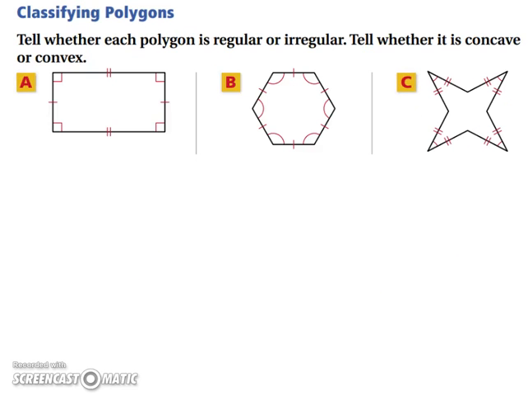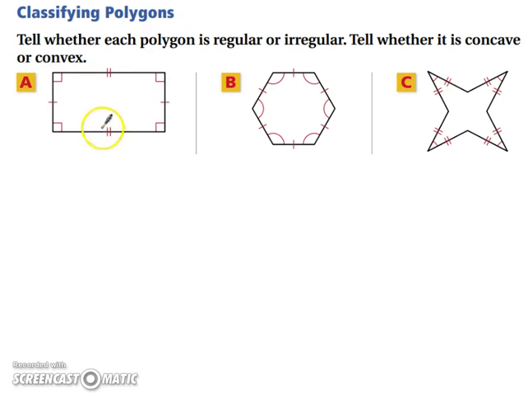Let's get a little more specific. We're going to classify some polygons here. Tell whether each polygon is regular or irregular, and then tell whether or not it is concave or convex. Let's do A together. In A, we notice that 4 angles are each 90 degrees. Therefore, they are all the same.